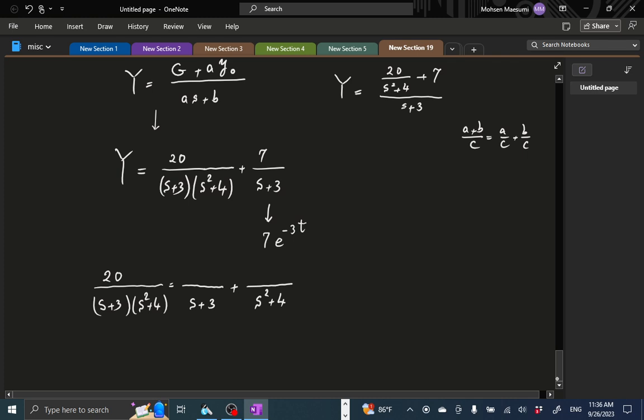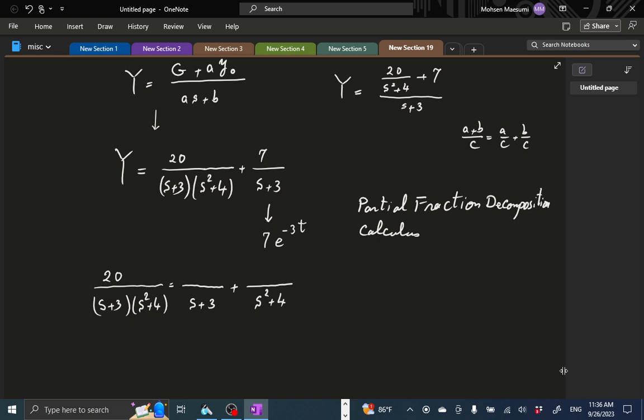Now, the continuation of this is exactly the same as the issue of partial fraction decomposition, and that is something that comes up in calculus quite often. In case you haven't seen it recently, let me quickly review the topic.